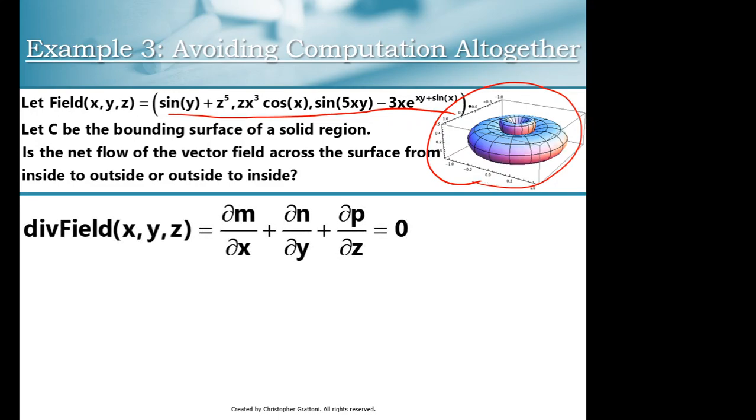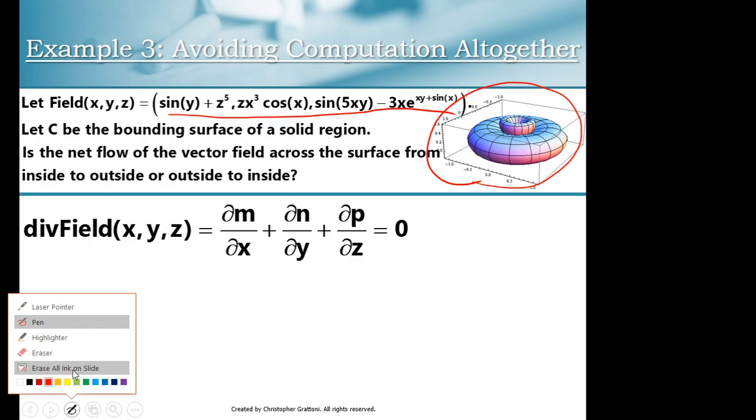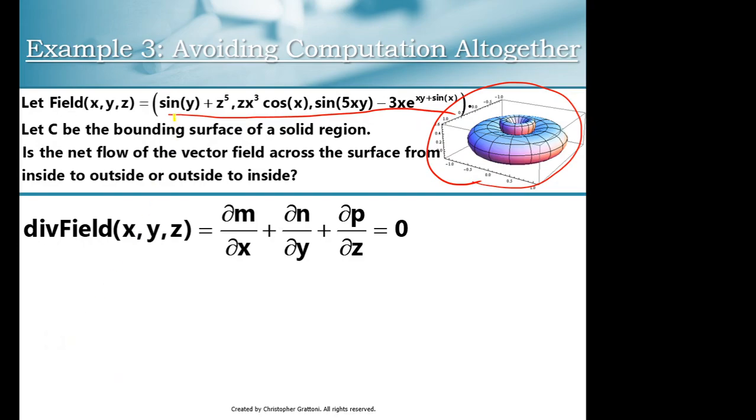So we're going to compute the divergence of this vector field, dM/dx plus dN/dy plus dP/dz. And in this case, we end up getting 0. If you look closely, you can see how I kind of finagled things to work out that way. The x component of our vector field has no x's in it.